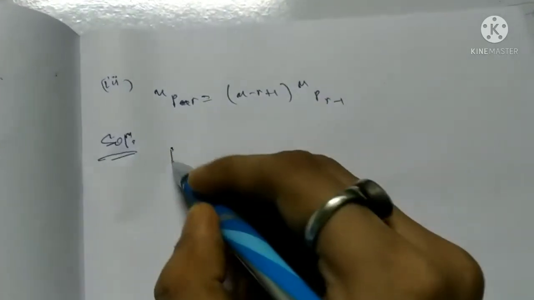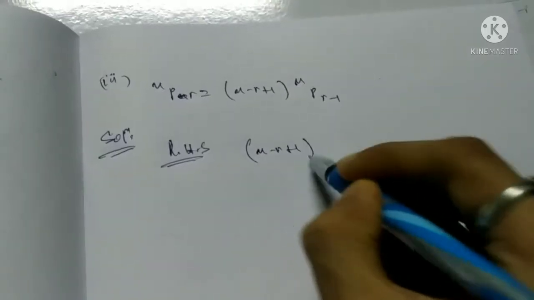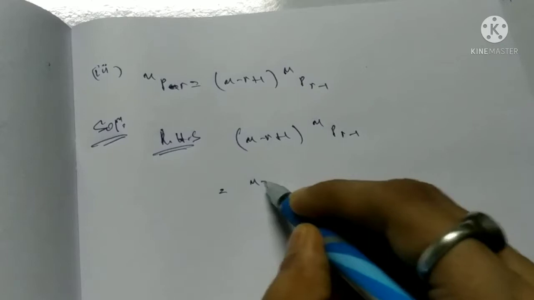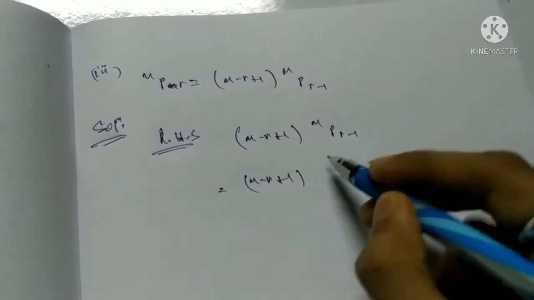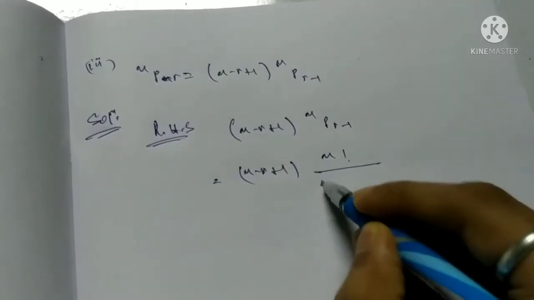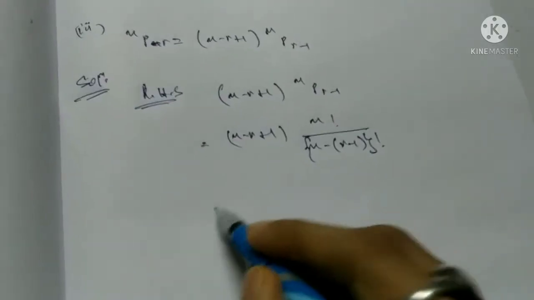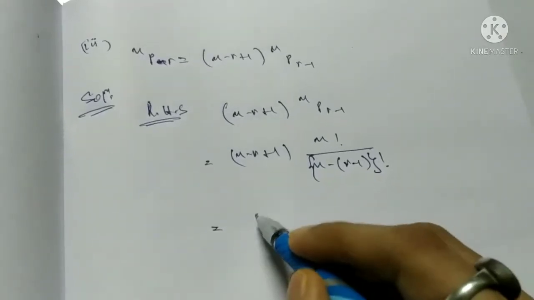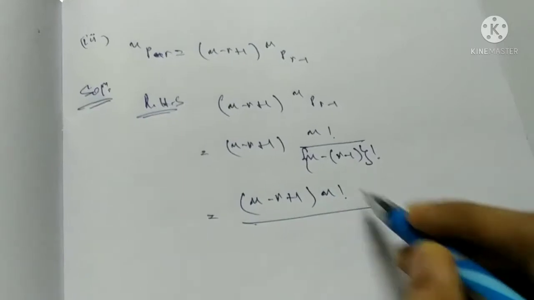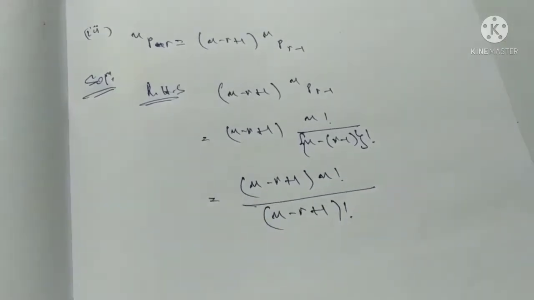Yes, so here I will start from the right hand side: (n minus r plus 1) into nP(r minus 1). So here this will be n minus r plus 1 times n factorial by (n minus r plus 1) factorial. So I can write it as (n minus r plus 1) into n factorial by (n minus r plus 1) factorial.